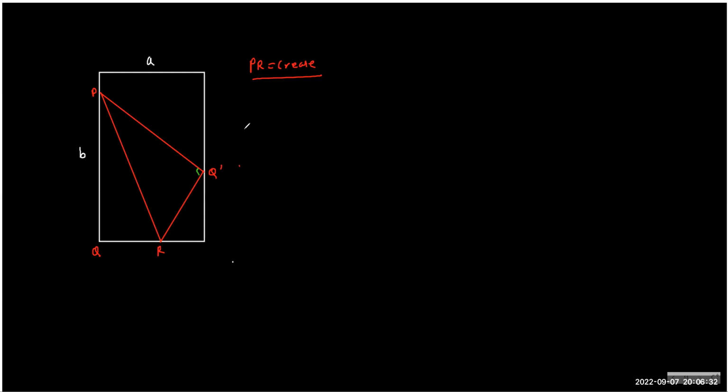So the question says, at what point you must bend, for what value of x you must bend such that the crease is maximum.